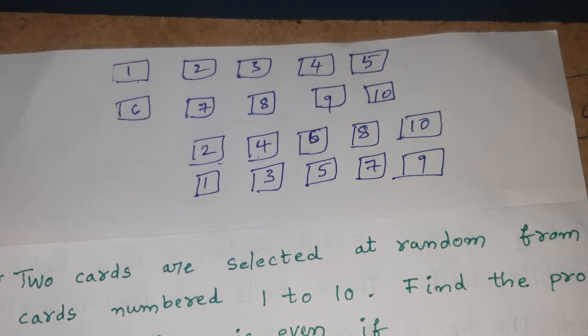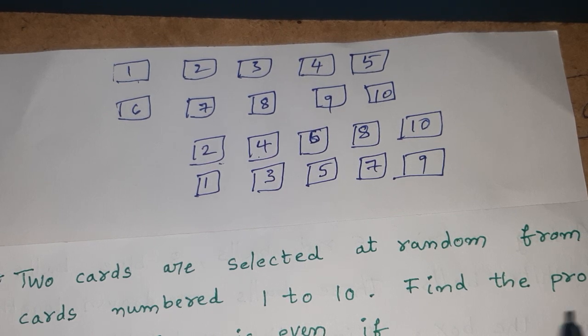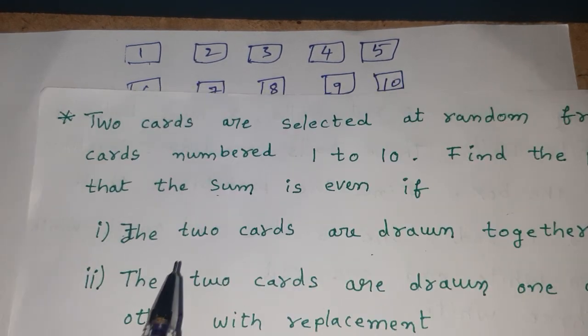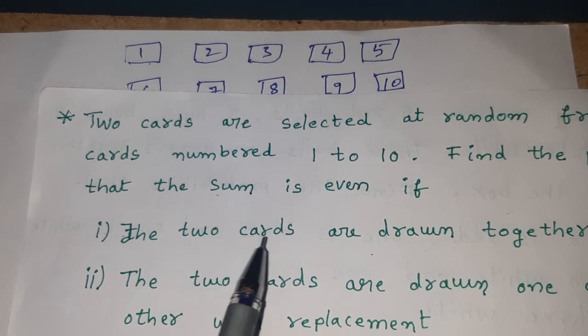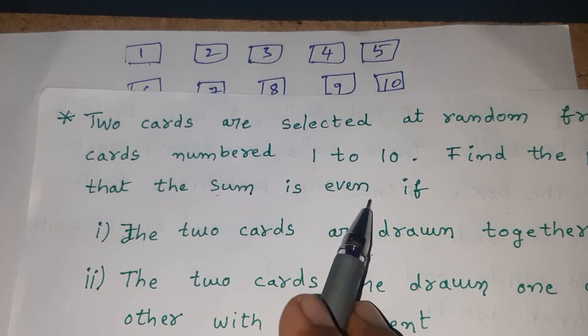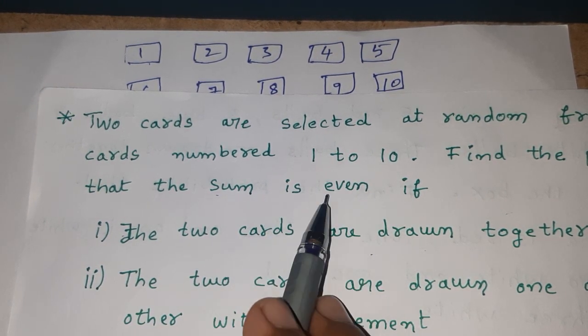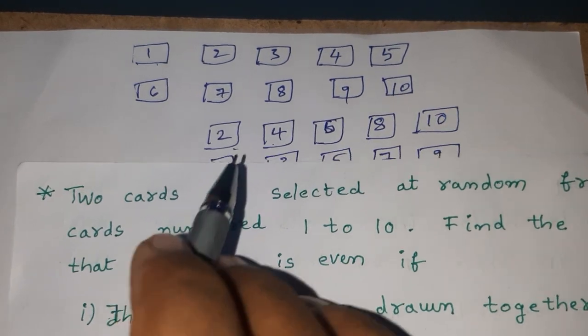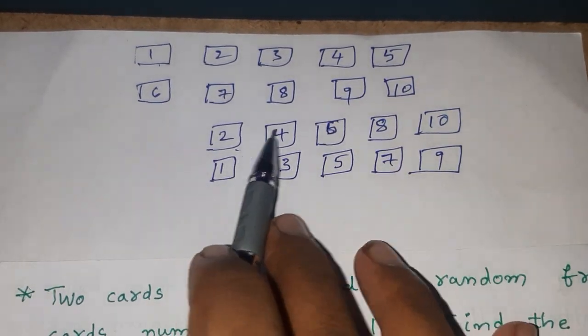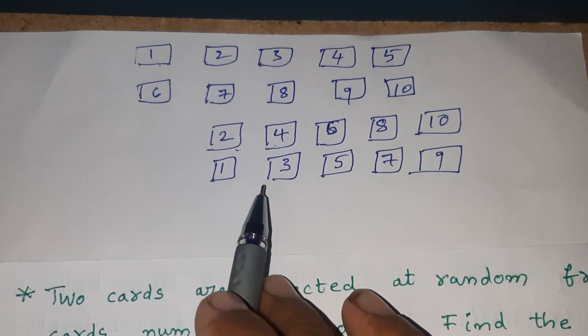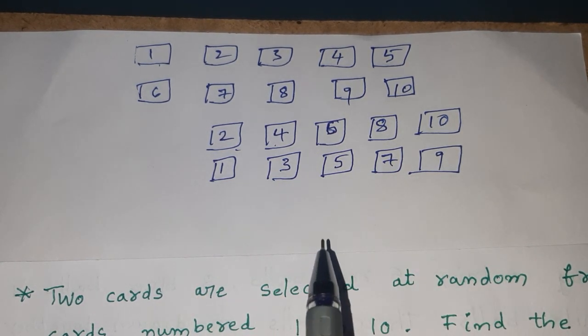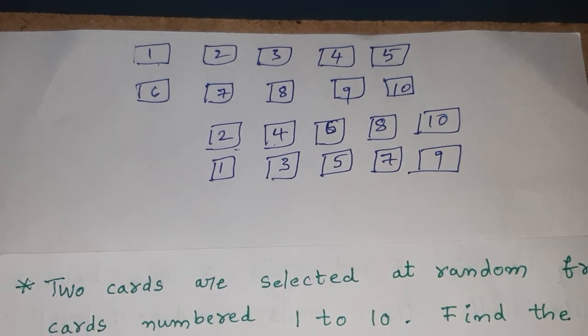The two chords are drawn and the sum on these two chords must be even. To get an even sum, we must choose any two even chords or any two odd chords, but we must select both of them as even or both as odd.